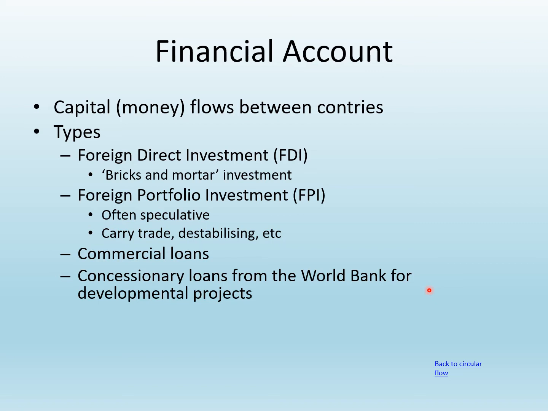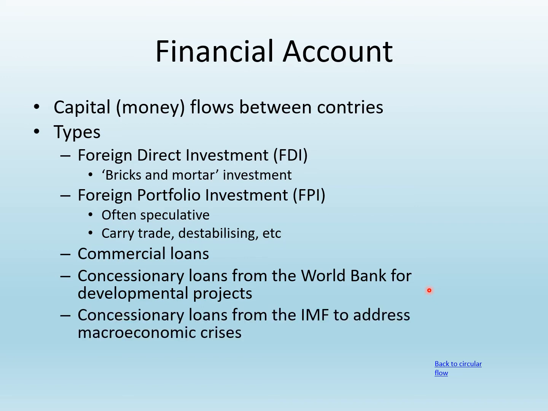The World Bank would fund hydroelectric schemes. It will fund agricultural schemes. It will fund roads and railways and things of that nature. And for that, it gives concessionary loans. And the final component of the financial account are concessionary loans from the International Monetary Fund. And the purpose of that is to attempt to address macroeconomic crises.